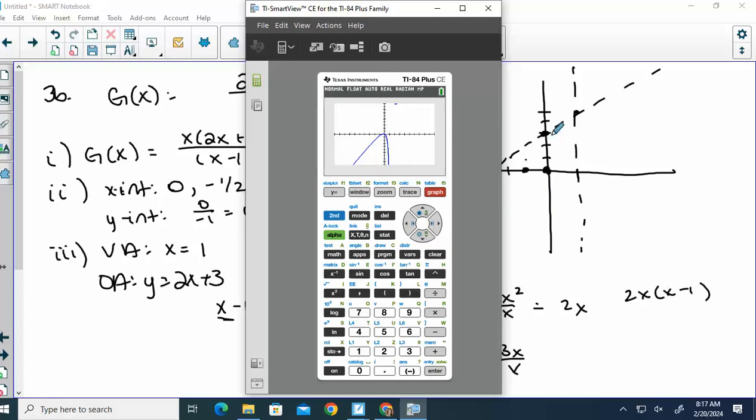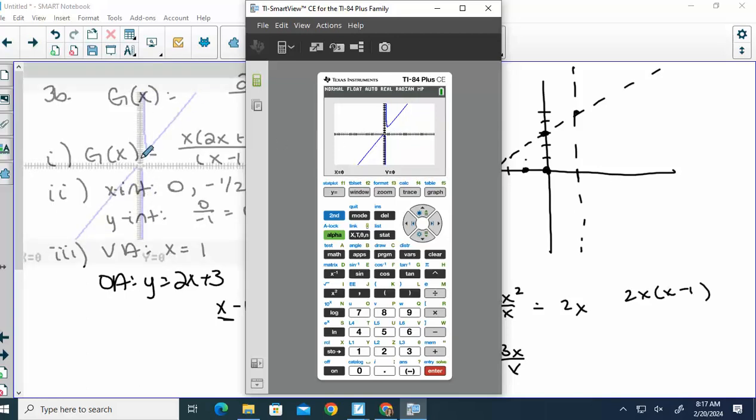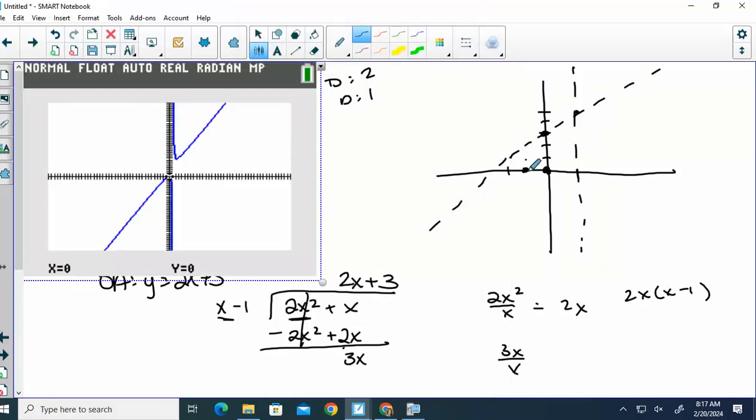But I know that can't be the only piece because there has to be something on the other side of my vertical asymptote. So if you just zoom out, anytime that happens, then we can see the other piece up there. So this one, it is not flat in between those. That would make every point an x-intercept. So you have to make sure that you are drawing it accordingly, and then we have another little piece up here.